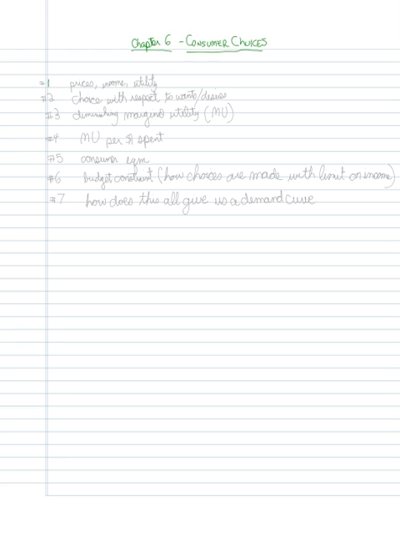we need to first have an understanding of the three elements that figure into our choice, which would be the prices of the things that we're going to buy, the income that we have, and the utility that we get from certain things.